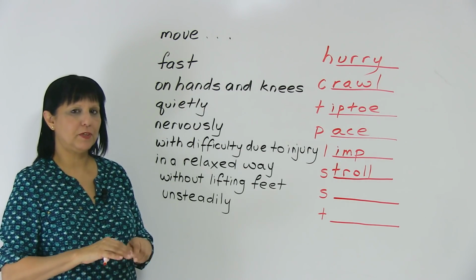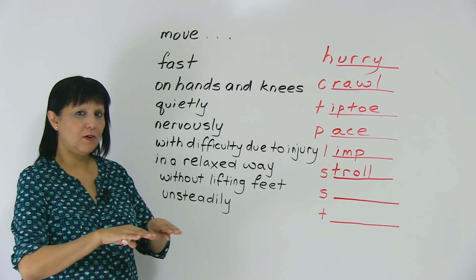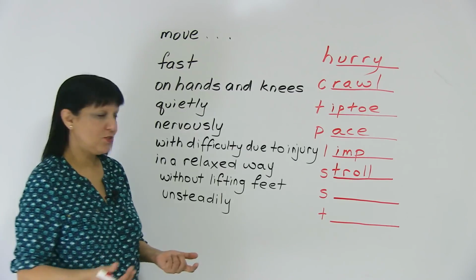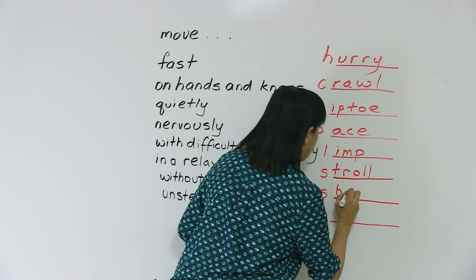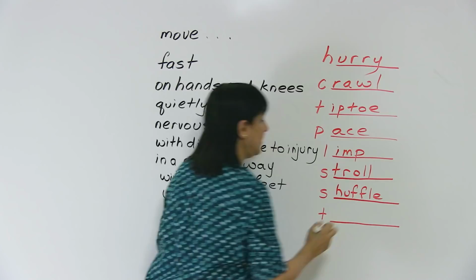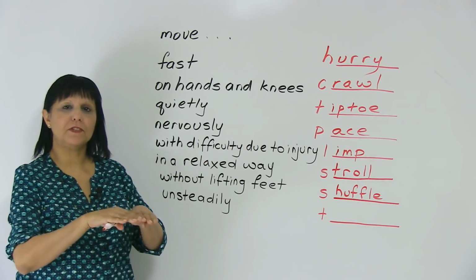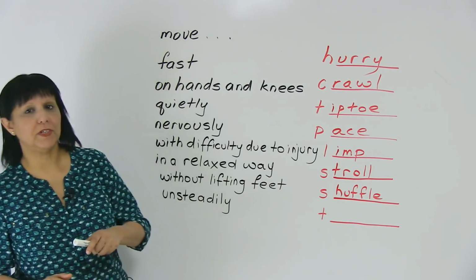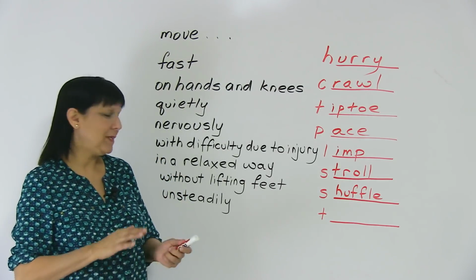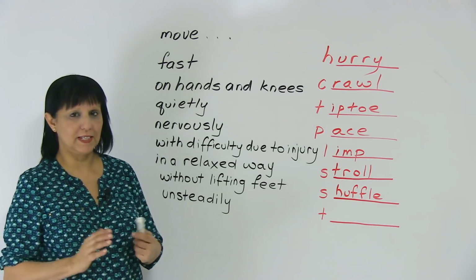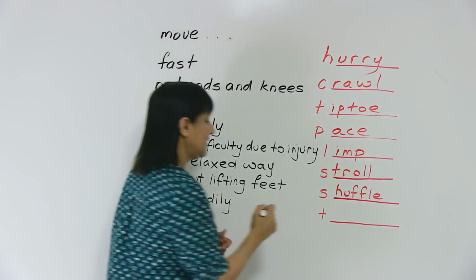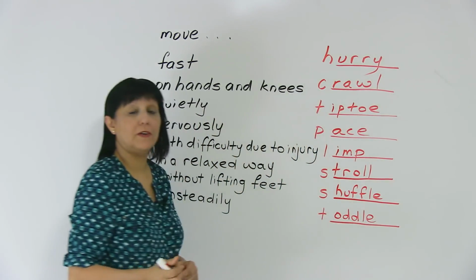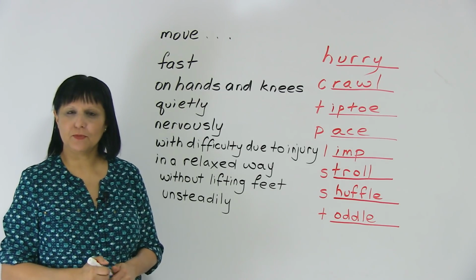We gave the example of an older person who's walking along, not moving his feet very much. And that word is to shuffle, okay? He shuffled along. And the last word refers to a young child who's moving a little bit like this, a little bit unsteadily. To move unsteadily means to toddle, okay?